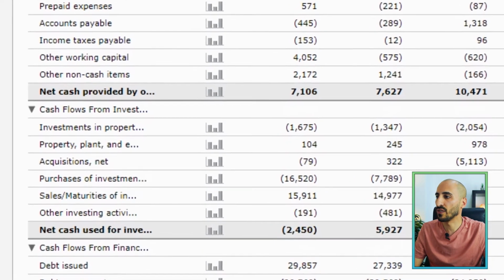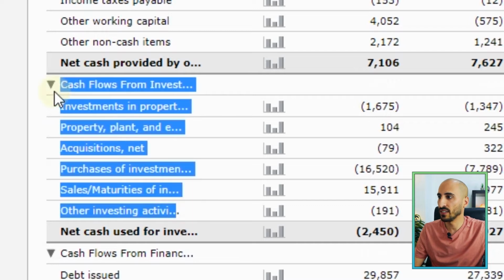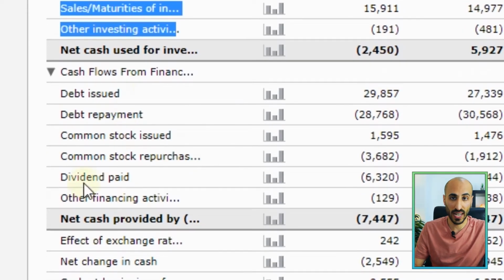Now let's go to cash flow from investing activities. Here you find all cash outflows due to investments that the company did. So summing up all the cash flows from investing activities, you get the total cash flow from investing operations, or net cash used for investing activities. The last one is the cash flow from financing activities.